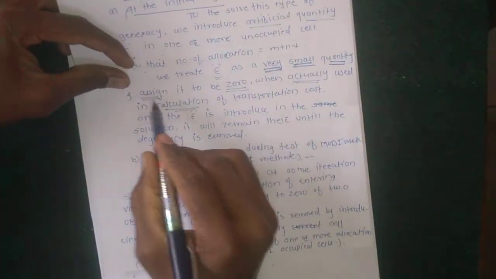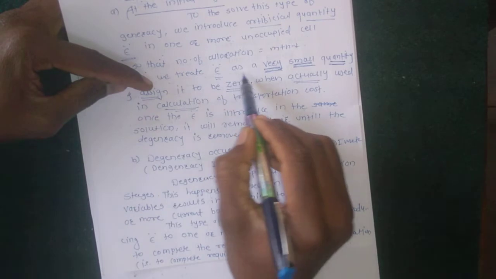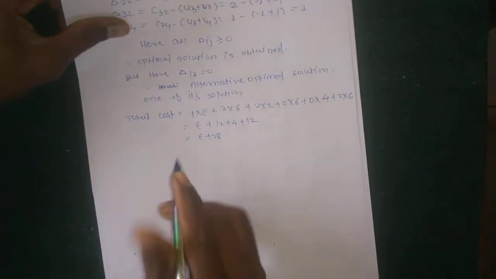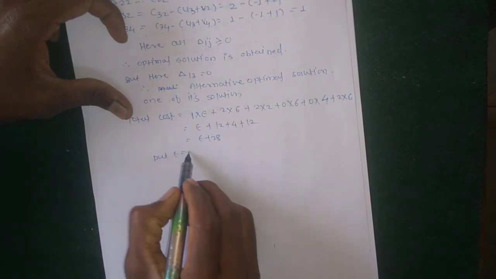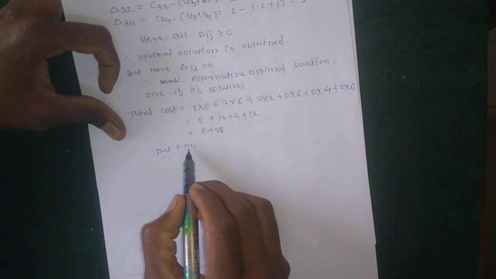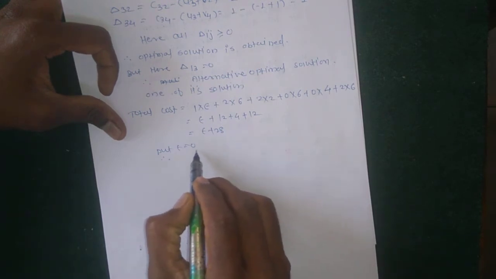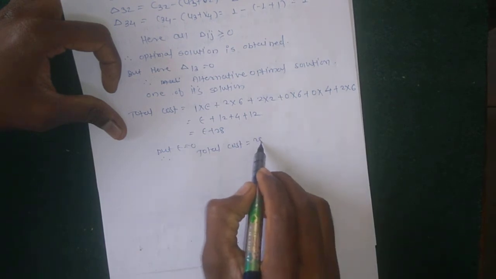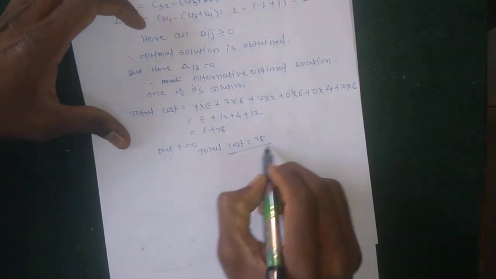But in actual calculation we treat epsilon as a very small quantity, near to 0, and assign it to be 0. Therefore the total cost is equal to 28. This is one solution.